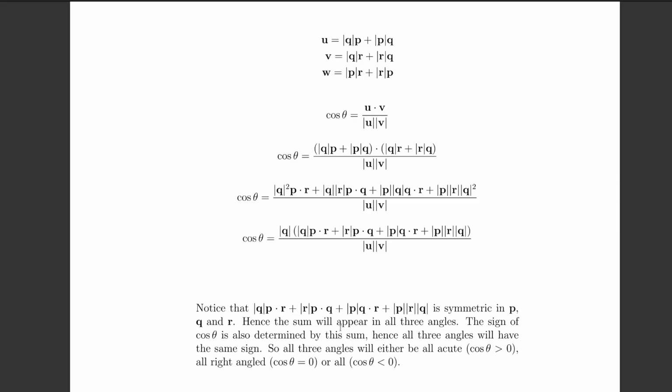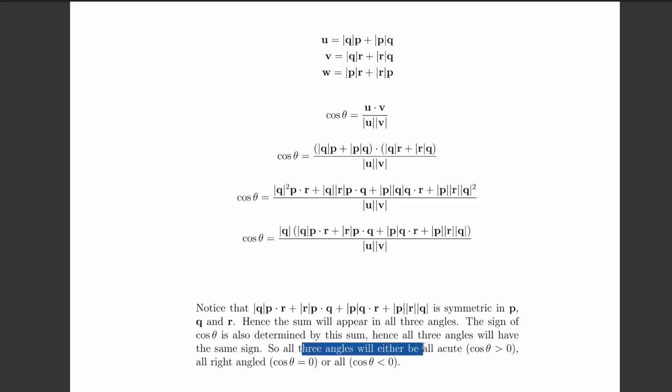that means that all three of the angles are going to have the same sign, right? If this is greater than 0, then all of the dot products are going to be greater than 0, right? If this is 0, then all of the other ones are going to be 0. If this is less than 0, then all of the other ones are going to be less than 0, right?